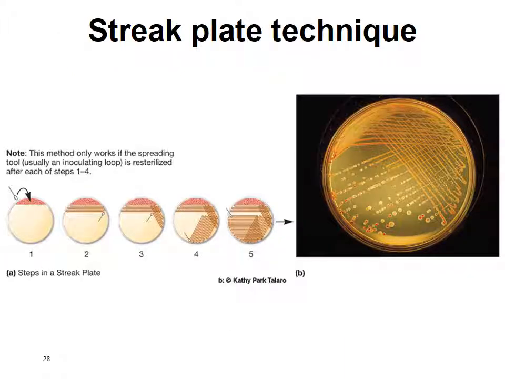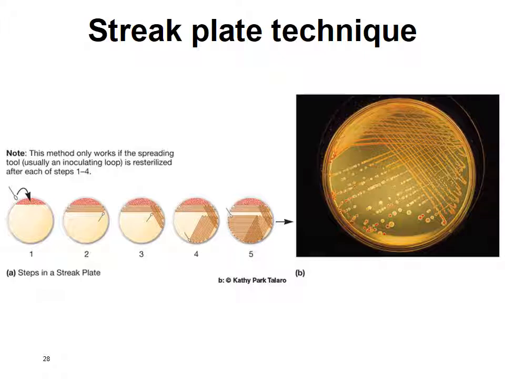Now let's look at the streak plate technique, which is also used to obtain pure colonies. The microbial mixture is transferred to the edge of an agar plate with what's called an inoculating loop, or in some cases a swab can be used.